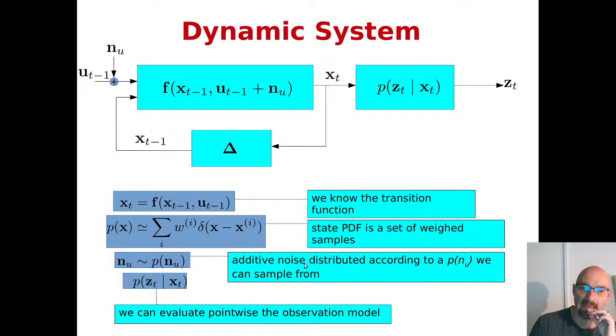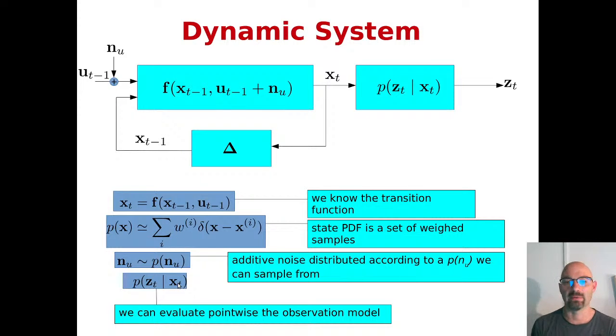Okay? Another thing that we need is a machinery that can evaluate pointwise the observation model. So, if I give you this number and this number, you need to have a routine that gives me the value of p of zt given xt. I do not need to know it in closed form.